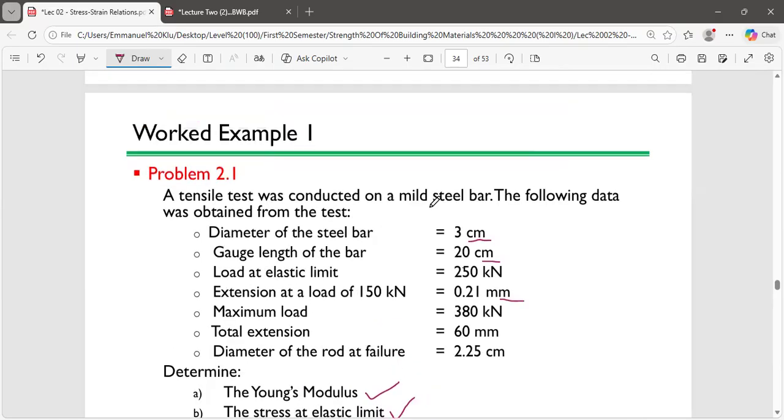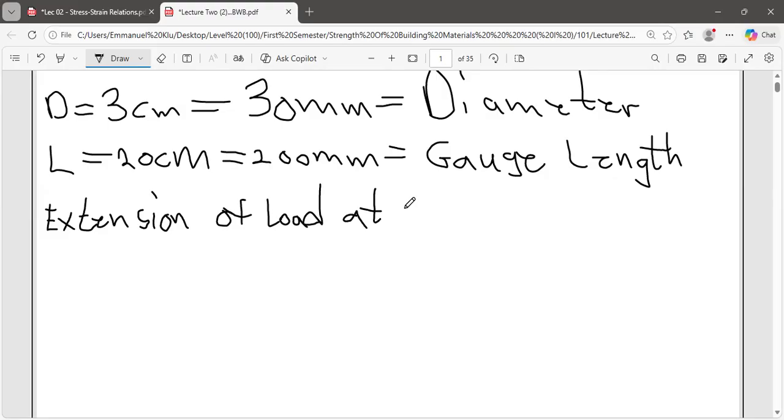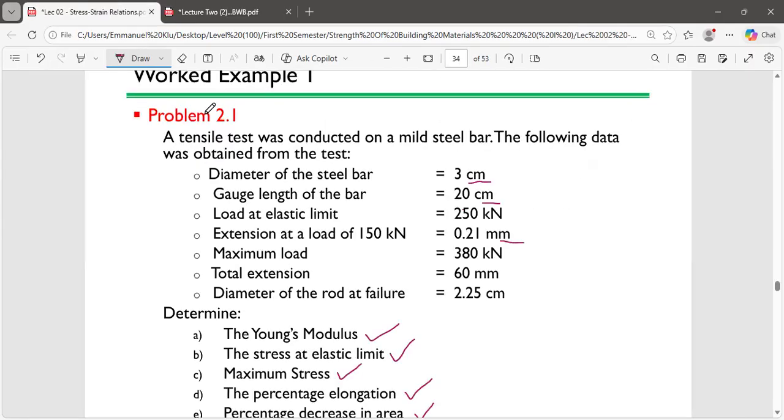Okay, let's maintain the 250. So extension of load at 250 kilonewton is equal to 0.21 millimeters.